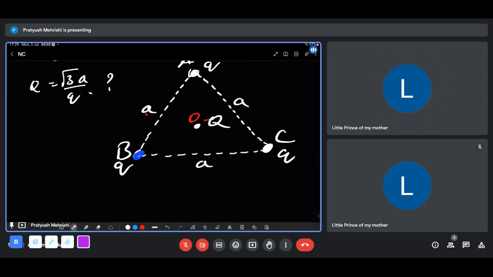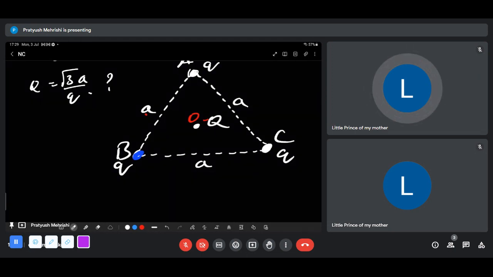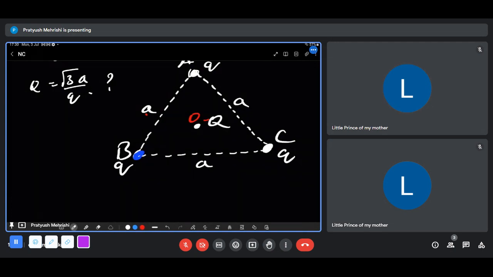See where you have gone wrong, and how. See one thing: the distances between all these three charges are the same.